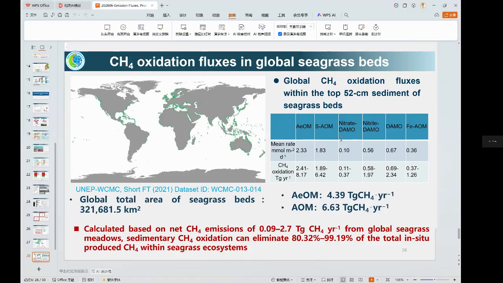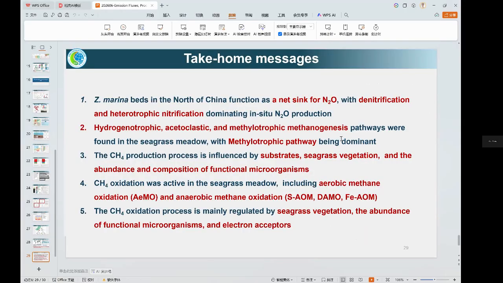Okay, last, some take-home messages. First, Zostera marina beds in the north of China function as a net sink for N2O, with nitrification and heterotrophic nitrification dominating the in situ N2O production. Two, hydrogenotrophic, acetoclastic, and methylotrophic pathways were all found in our seagrass meadows, with the methylotrophic pathway being dominant.